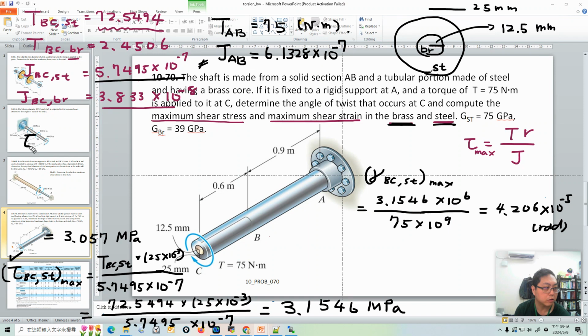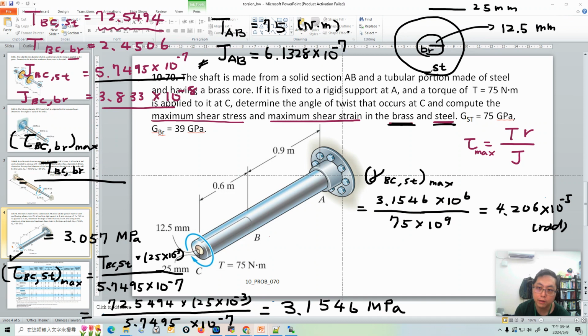Okay, so it's the shear stress at BC because the brass is in the BC section. So brass and the max. We need to know the torque at the BC end from the brass. And the maximum is at the surface. So for the brass part, the radius is 12.5 millimeter.